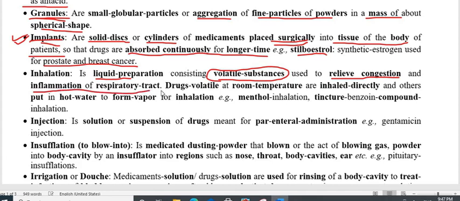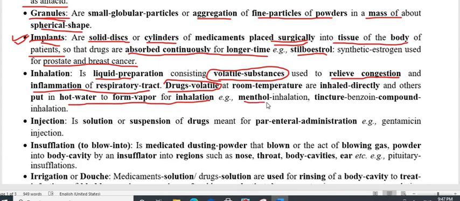If the drug is non-volatile or less volatile, we may make it gaseous by keeping it in hot water, so that the drug is converted into vapor form and used for inhalation.